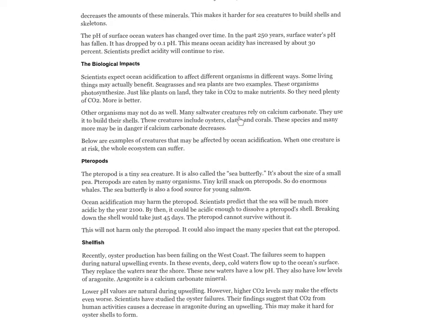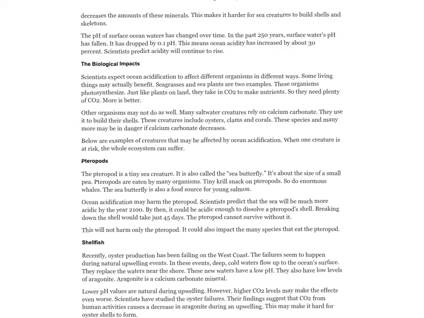Many saltwater creatures rely on calcium carbonate. They use it to build their shells. These creatures include oysters, clams, and corals. These species and many more may be in danger if calcium carbonate decreases. Below are examples of creatures that may be affected by ocean acidification. When one creature is at risk, the whole ecosystem can suffer.